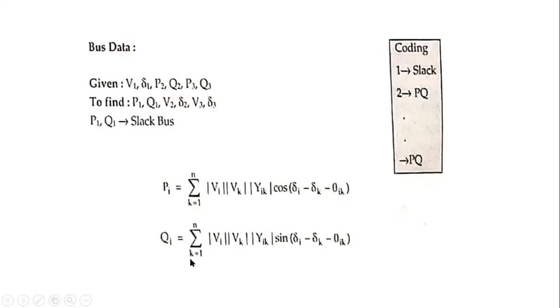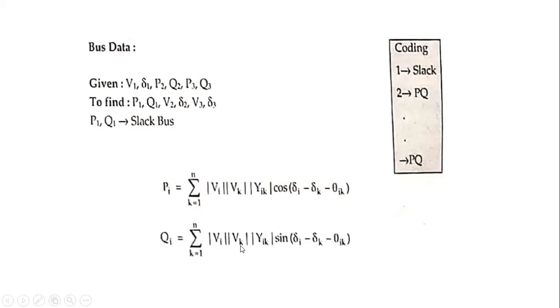Okay, same as that, we write down the Q value also. That is Q1 is equal to V1 Y11 sine of minus theta 11. Next K is equal to 2, that is V1 V2 Y12 sine of delta 1 minus delta 2 minus theta 12.